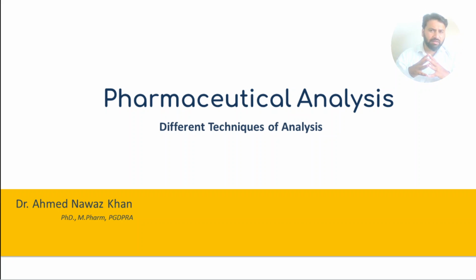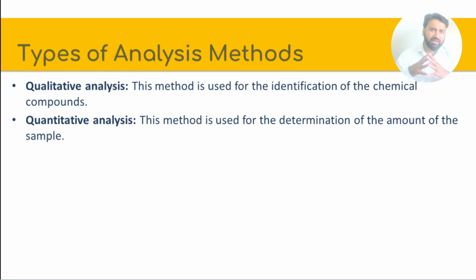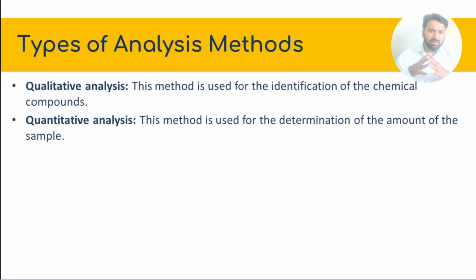As discussed earlier about the definition and the scope of pharmaceutical analysis, just as a recall, pharmaceutical analysis is a branch of chemistry which involves a series of processes for identification, determination, quantification, and purification as well.